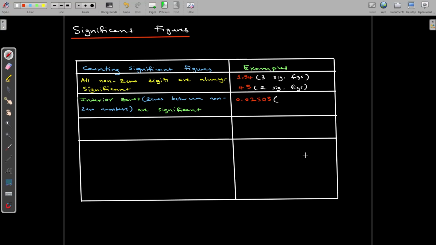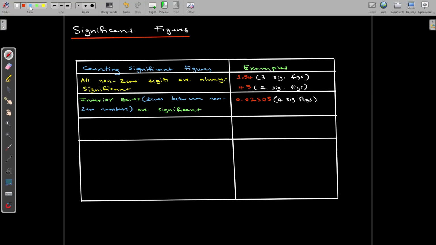Three. What are the three significant? Okay, four. All non-zero digits are significant, and the zeros that fall between non-zero digits are significant as well. The zeros at the front don't count as significant figures. So this number has 4 significant figures.